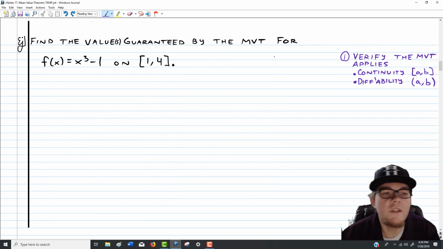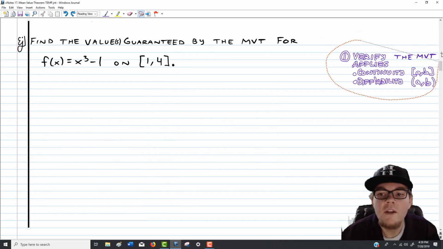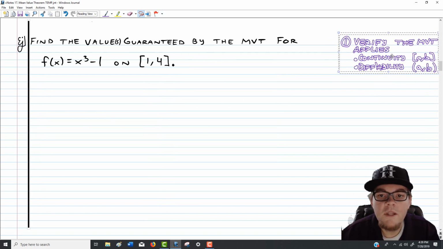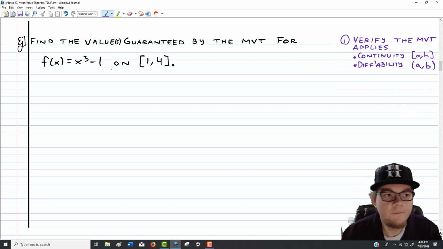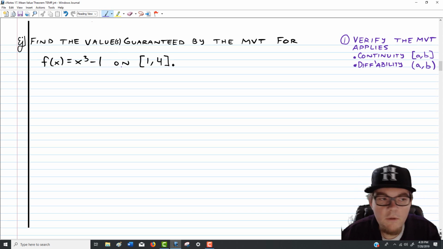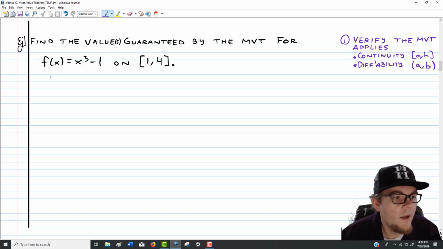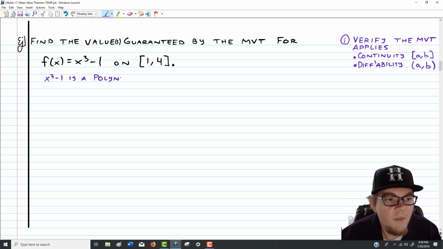So let's first check that the mean value theorem applies to our function. Well, in this particular case, I've made it pretty easy for you. On the interval from 1 to 4, but really on every interval for all real numbers, x cubed minus 1 is a polynomial. And the nice thing about polynomials, as we've mentioned many times before, is they are infinitely differentiable as well as, of course, continuous.